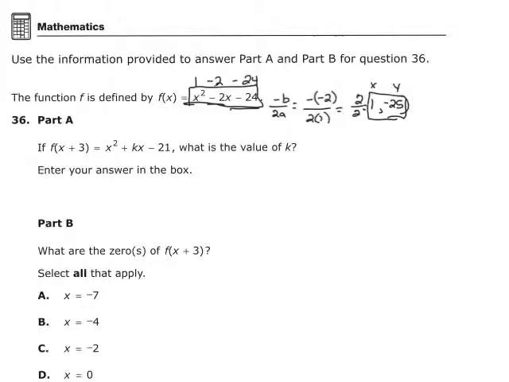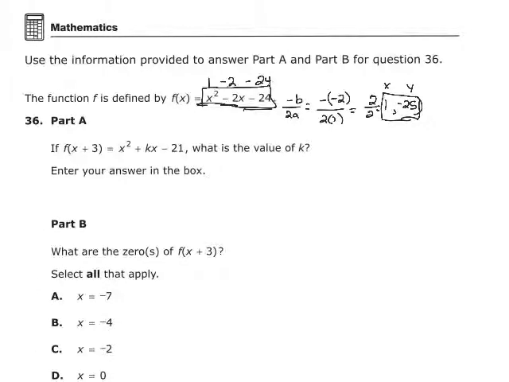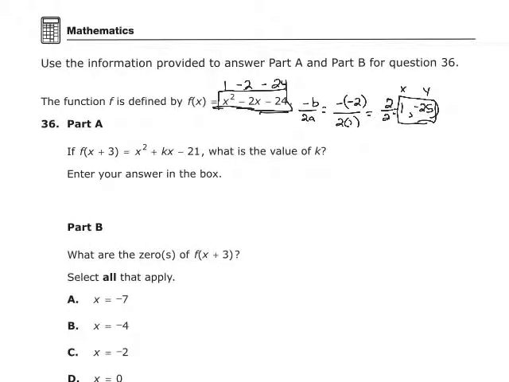So now your transformation here is that you want it to go plus 3. Well, we know enough about transformations now to know that the whole thing is going to shift left 3. So if you look at it in your graphing calculator, and it's way down here at x is 1 and y is negative 25, you're going to go this way 3, and end up at negative 2 for the new vertex.